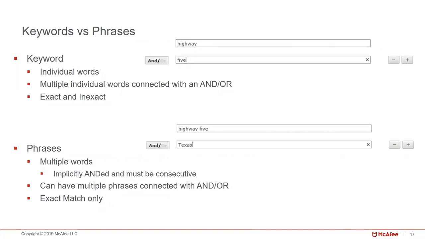That means the two words have to be next to each other. They can't be separated by two different words or a comma or something like that. You can have multiple phrases, though, that are connected by and or statements. So that and or button still works as you think it would. And in terms of phrases, this has to be an exact match only. We cannot do an inexact match with this.